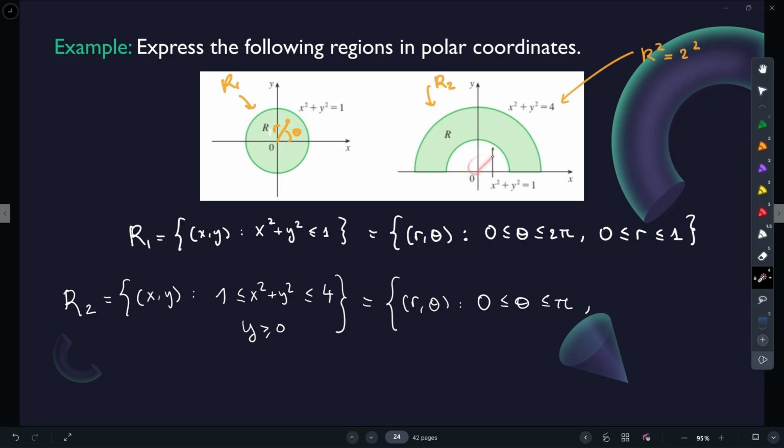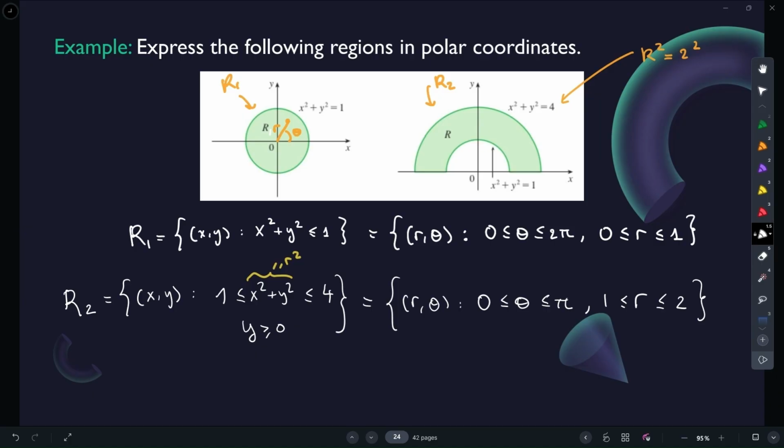They also do not go between 0 and 1. So the radius itself is between 1 and 2. By the way, remember that x squared plus y squared is equal to r squared. So I could have put that r squared is between 1 and 4, but actually what I want is the radius itself between 1 and 2, to be more precise.